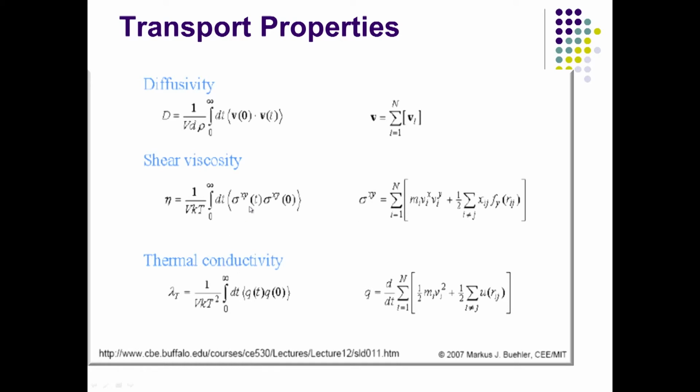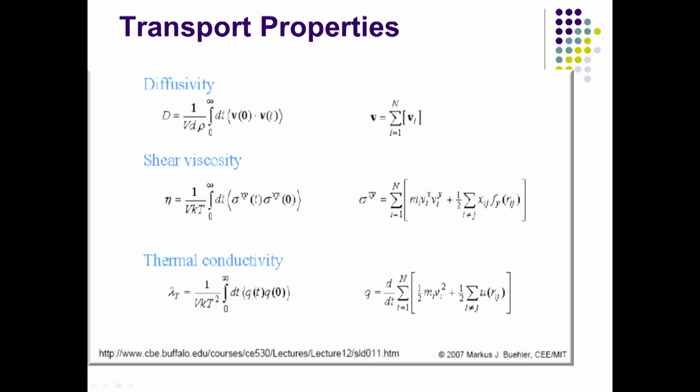Then you look at the stress at time 0 and the stress at time t in the shear viscosity, along with some of the other volume elements, and now you can calculate the shear viscosity. And so, the correlation function now is the stress correlation function, which is an important thing to look at.